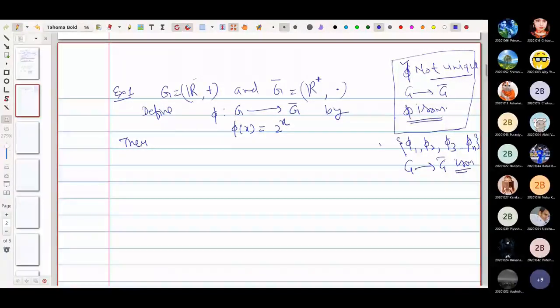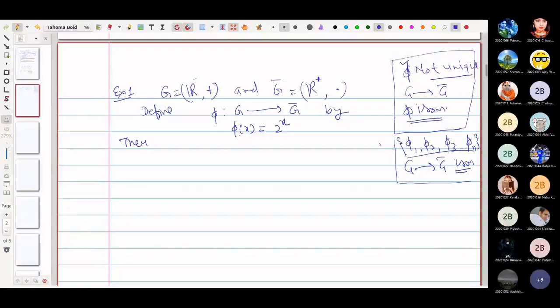So how many isomorphisms from G to G bar? There are exactly n isomorphisms. Sometimes it is asked how many isomorphisms from one group to another group there are. There is another counting technique that we will see later, but you will get an idea from here also.